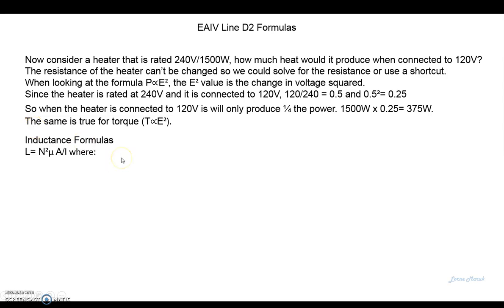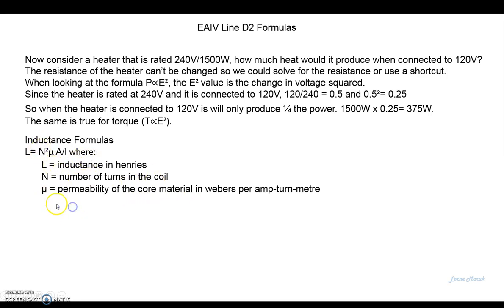Also in the first section are inductance formulas, where L is inductance in henries. That is equal to the number of turns squared in the coil times the permeability of the core material in Webers per amp turn meter. This goes back to magnetism in first year.